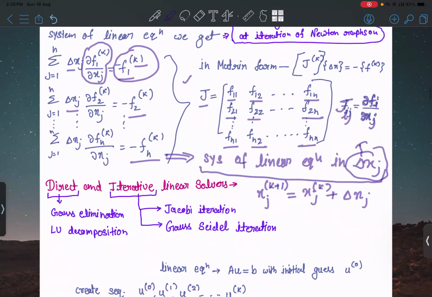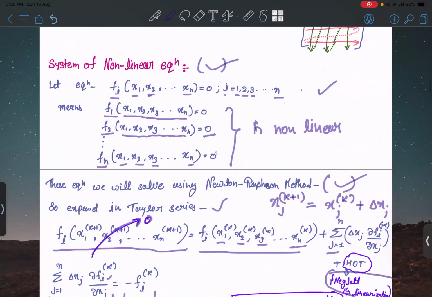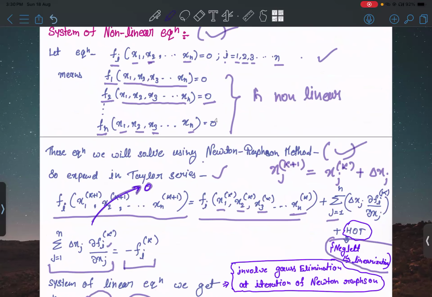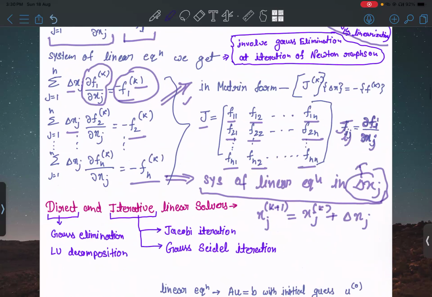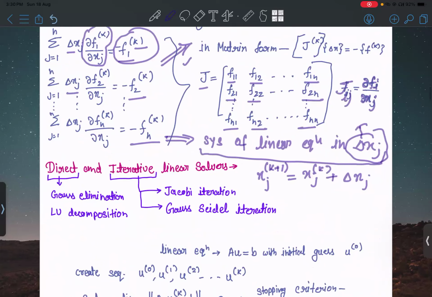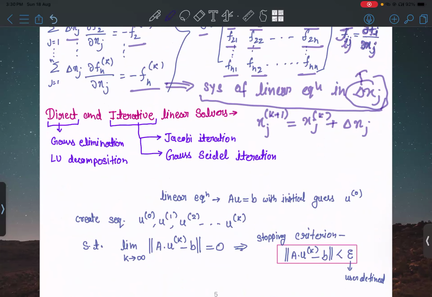So a system of non-linear equations can be solved using the Newton-Raphson method, which converts the system of non-linear equations into a system of linear equations that can be solved using Gauss elimination or LU decomposition. Now we will move back to systems of linear equations. What we have discussed till now is known as direct methods to solve a system of linear equations.